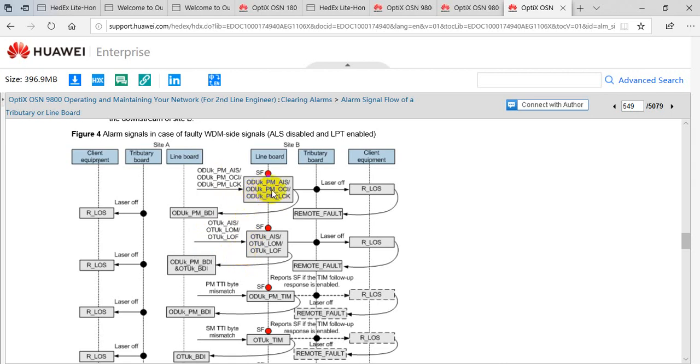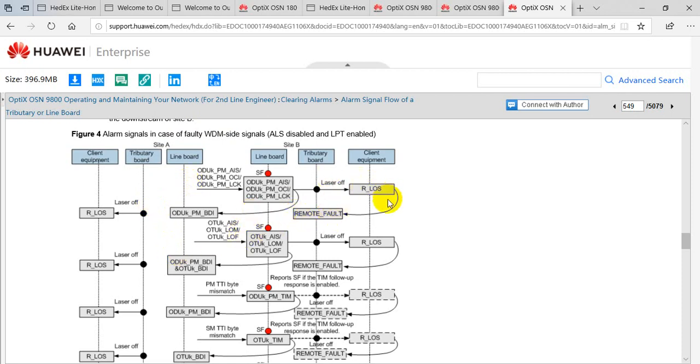The outside alarms will be the same, because the only thing is the laser will go off. So at the client equipment, rather than getting a local fault, it will be R loss, but otherwise at the operator end this will be similar.